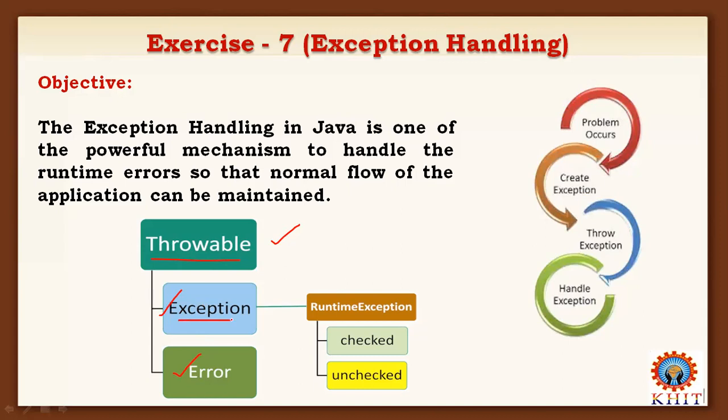All exceptions are subclasses of this Exception class, and there is one special subclass called RuntimeException. And here we have checked exceptions and unchecked exceptions, and we already covered all this. Checked exceptions are checked at compile time. Unchecked exceptions occur at runtime.